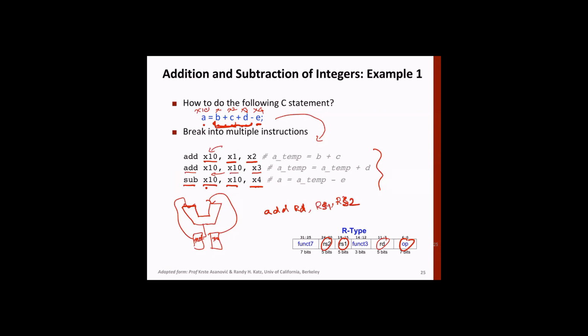And these two fields, function 3 and function 7, extend the value of operations, which may not be required very often. So we'll now move to the next one. Is it okay with all of you?